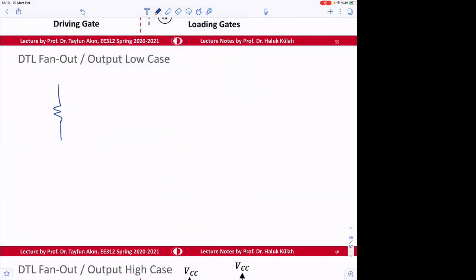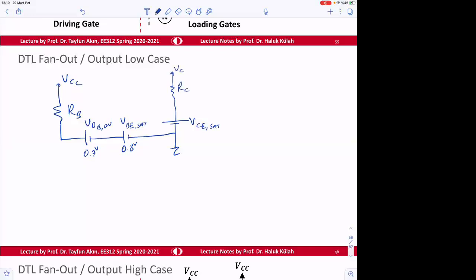So this is going to be your RB, this is VCC, and then this is 0.7 volt, V diode, B on voltage, and then we have here 0.8 volt, which is V base to emitter SAT voltage, and then V collector emitter SAT, and then RC, VCC.